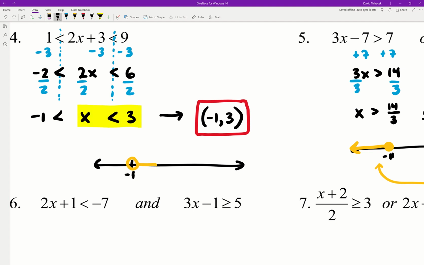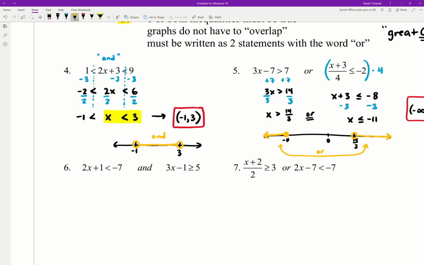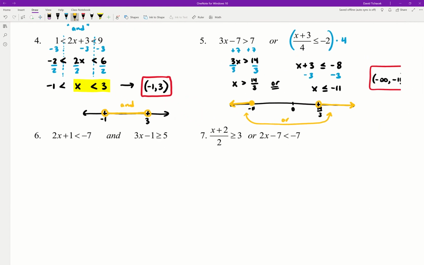Since I have to put both of those descriptions at the same time, I might say positive 3 is right there, and then open dot, and then I'd be shading that way. Well, you can see that these two regions would be shading towards each other, and so we just consider that to be one region, and that's why it's an and, because I can go ahead and build my house in both regions at the same time because they point towards each other and create one single region that I can build my house in. So this is going to be an and situation as far as the graph is concerned. So it's important that we are aware of how both of those work there, okay?